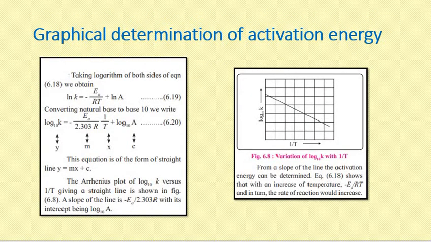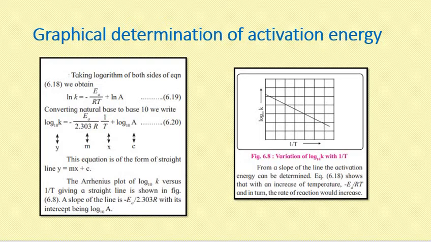Now, let's see the graphical determination of activation energy. From the Arrhenius equation I obtain ln k = -Ea/RT + ln A. On taking log base 10, log10 k = -Ea/(2.303 RT) + log10 A. Comparing this with the equation y = mx + c, the graph plotted between log10 k and 1/T is a straight line.